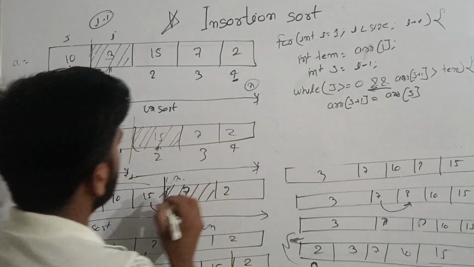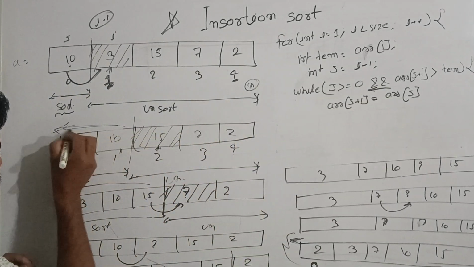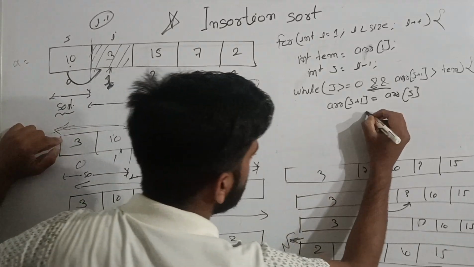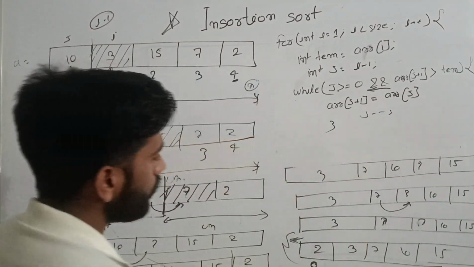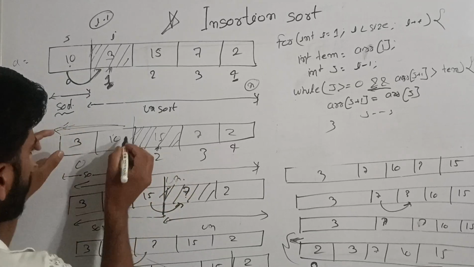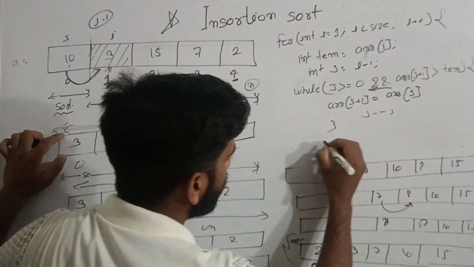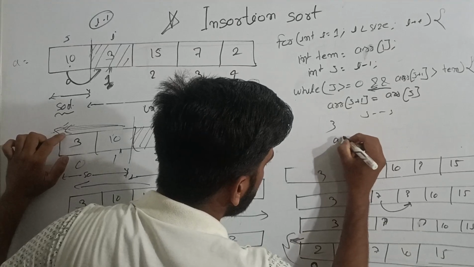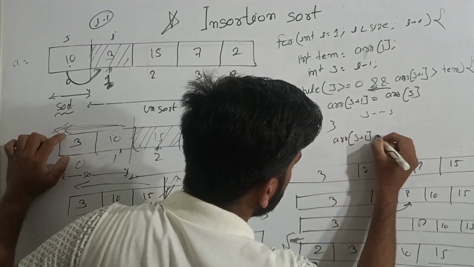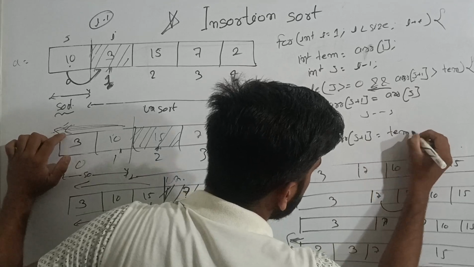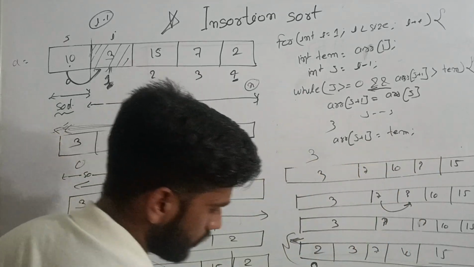Then we decrement j from the unsorted data side. When it finds the appropriate place, then array of j plus 1 will be assigned the temp variable.